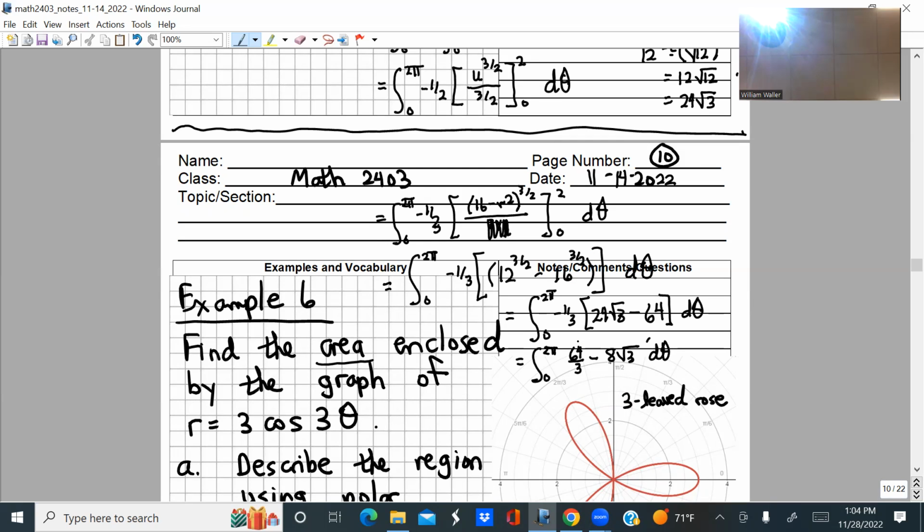This is minus 8 times the square root of 3. This is positive 64 over 3. But when you find the antiderivative of that, you just plug a theta there, right? So you get all of this, 64 thirds minus 8 times the square root of 3, all of that times theta, and then evaluated from 0 to 2 pi.